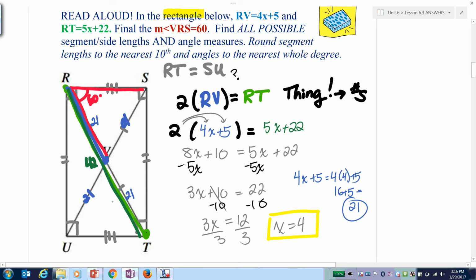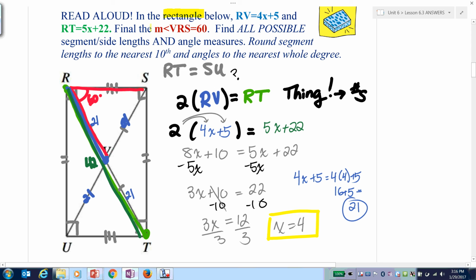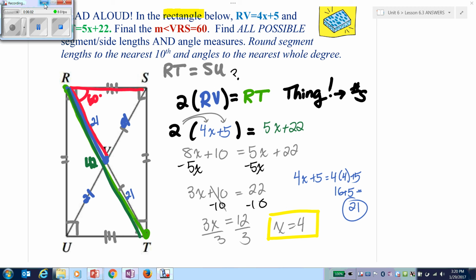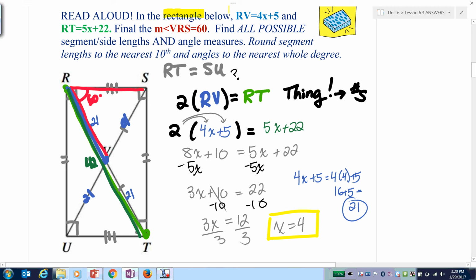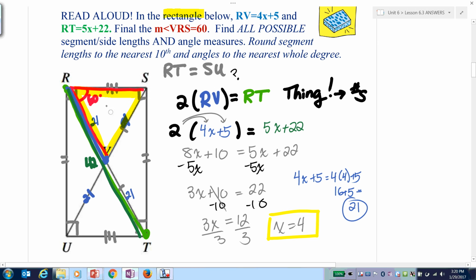Okay, let's work with our angle now. We know that if this is angle 60, we have an isosceles triangle here. In fact, have the person physically trace this triangle and ask them what kind of triangle it is. And they should notice that because the diagonals are equal, we have ourselves an isosceles triangle.